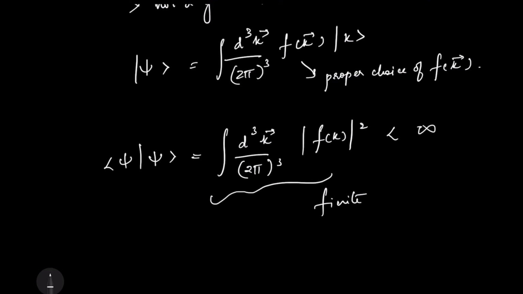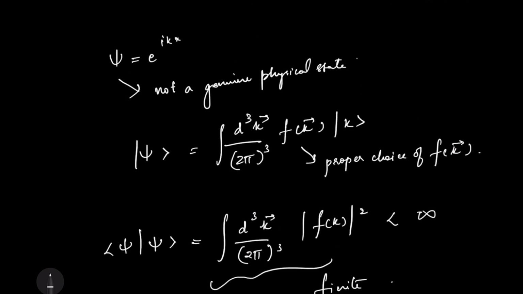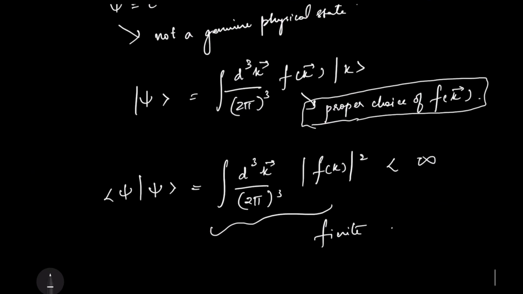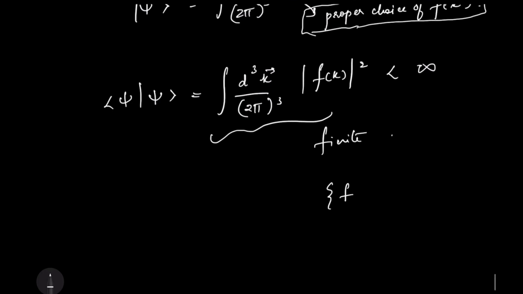So we can choose a basis of fi. What we have said is that you need a proper choice of f of k in order for psi to be normalizable. So all the values of f of k may not be a proper choice. If I take all the functions fi and make it a set, so these are the possible fi's so that psi is normalizable, and such a basis is called the set fi.